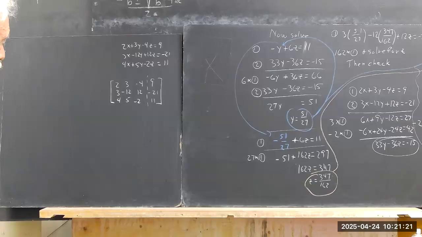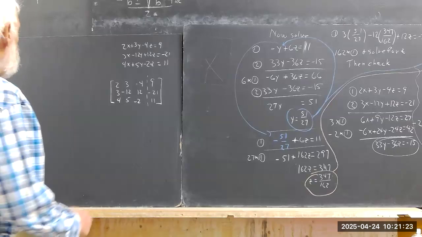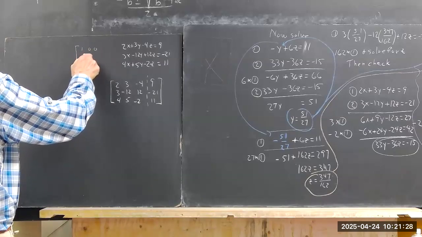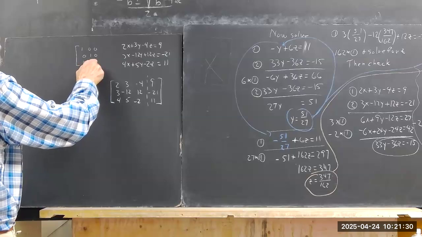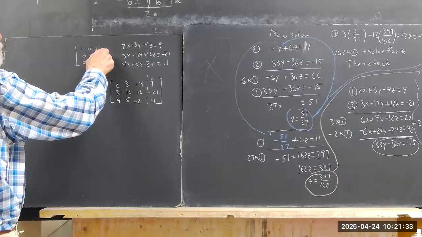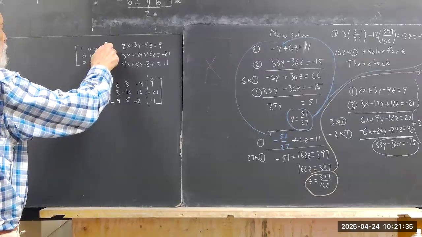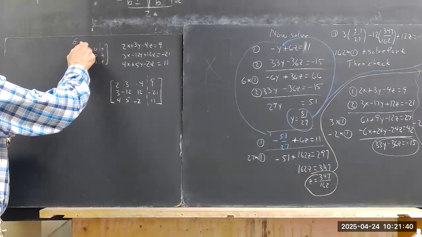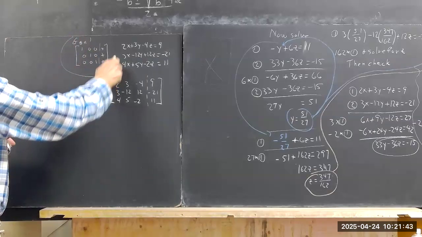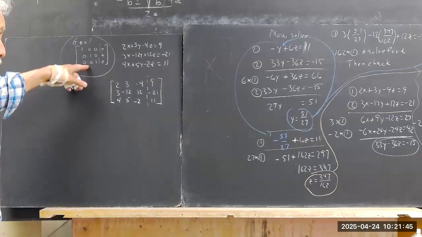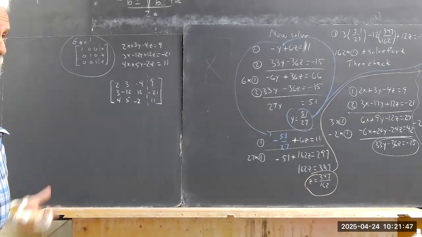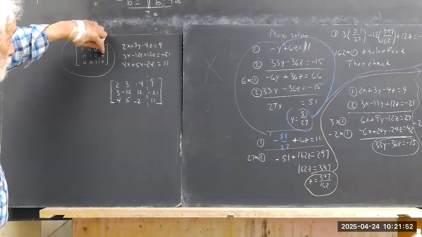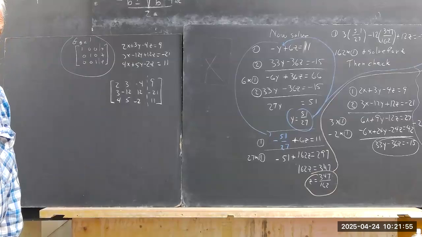Now, my goal is to reduce this matrix to this form and see what numbers I get here, because this number is going to be X, this number is going to be Y, and this number is going to be Z.